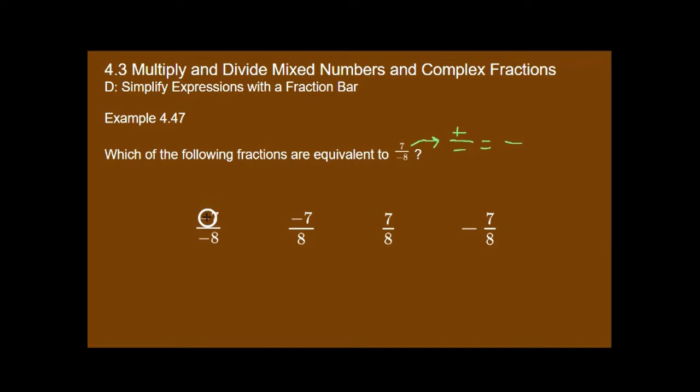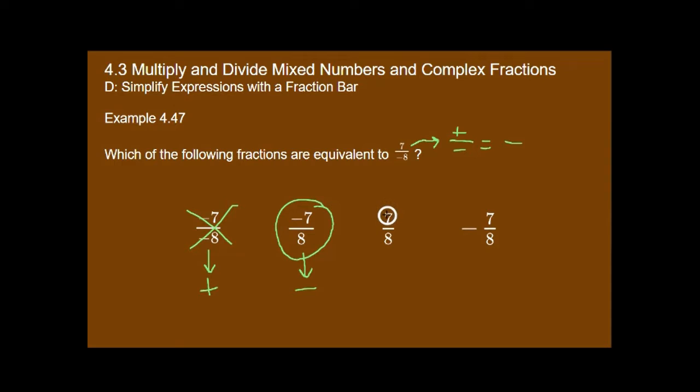Here we have a negative numerator and a negative denominator. That's going to lead to a positive fraction. So this is not equivalent, so we're going to get rid of that one. A negative numerator and a positive denominator, that's going to give us a negative fraction, and so this one is equivalent.